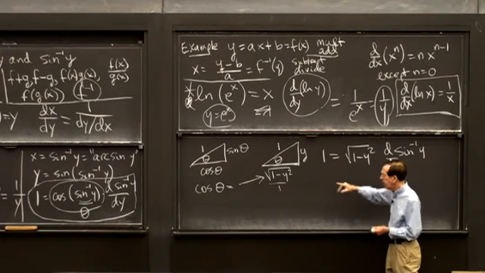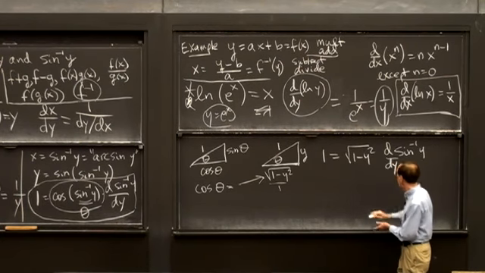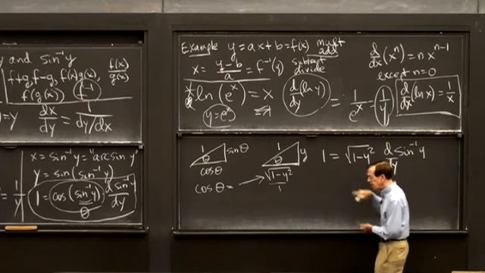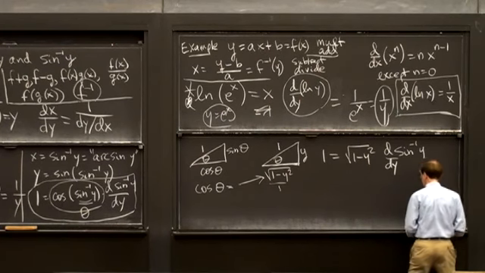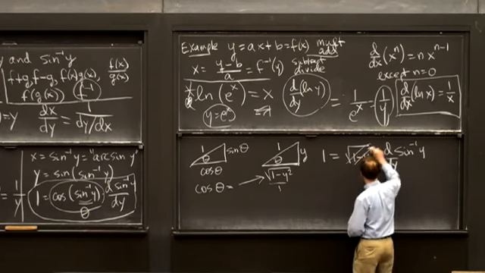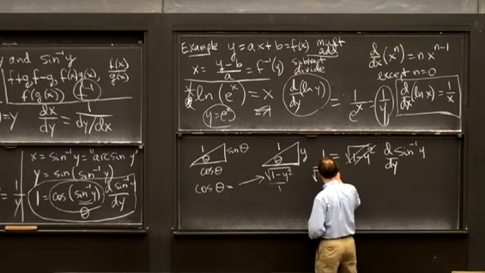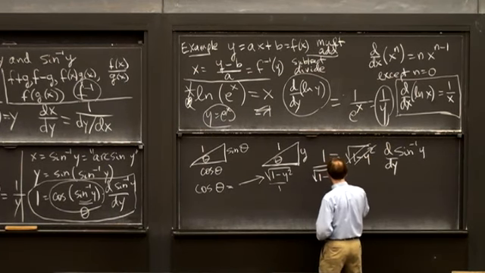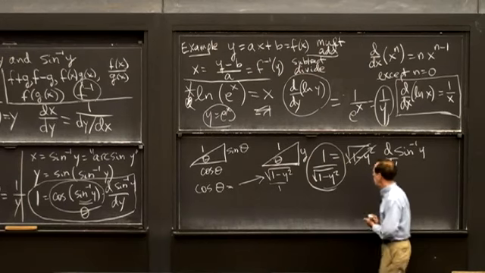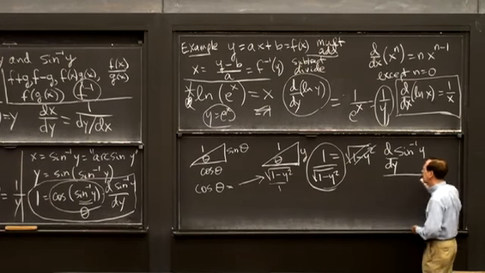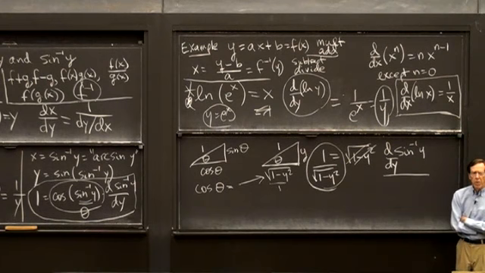I had to figure out what that quantity is as a function of y. And now I just put this down below. So if I cross this out and put it down here, I've got the answer. There's the derivative of the arcsine function: 1 over the square root of 1 minus y squared.